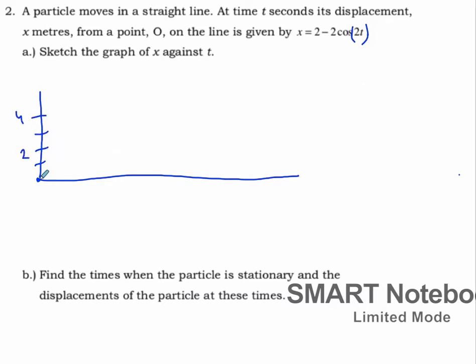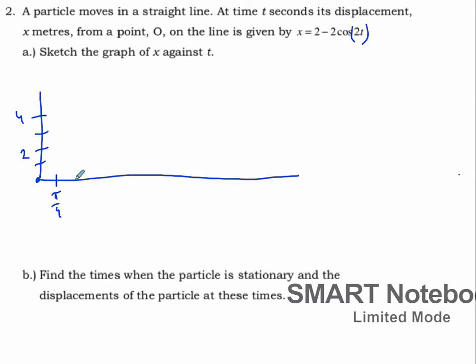So I'm going to start off here, and then if this is going to be pi over 2, then we have cosine equals 0, right? That happens when we have pi over 4. So I'm going to go up in pi over 4s.